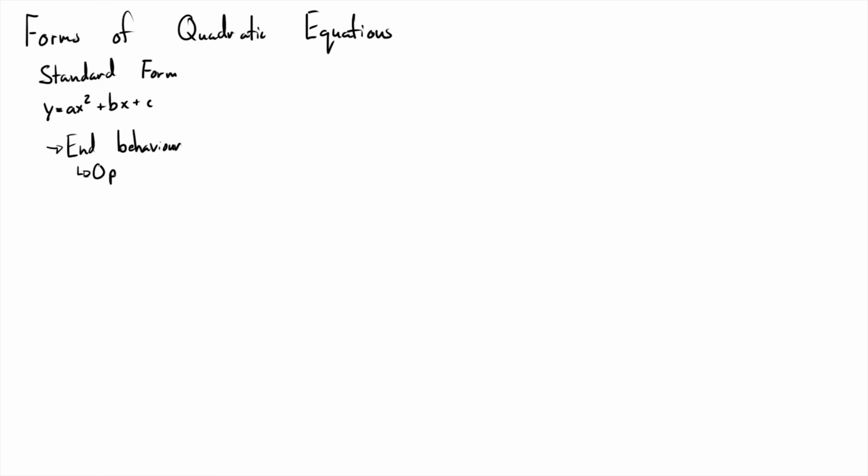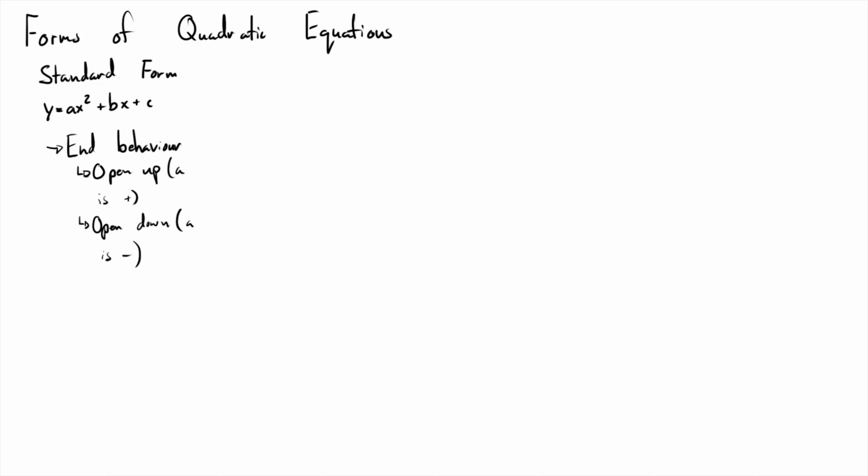So if it opens up, that means a is positive, or it's going to open down, in which case a is negative. So that's all that end behavior means. It just means, is our graph opening upwards or downwards? If a is positive, it's opening upwards. If a is negative, it's opening downwards.